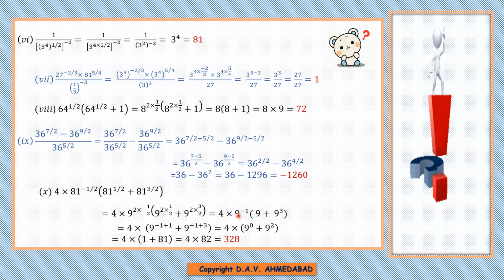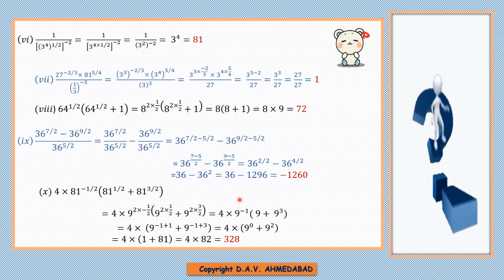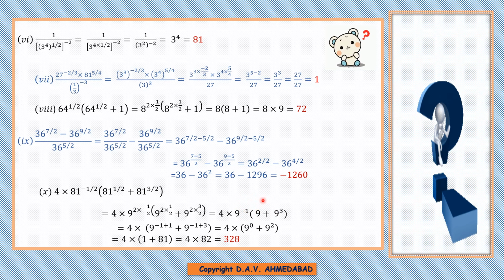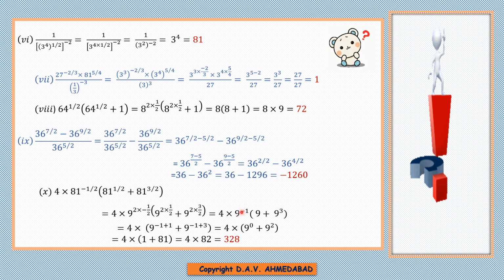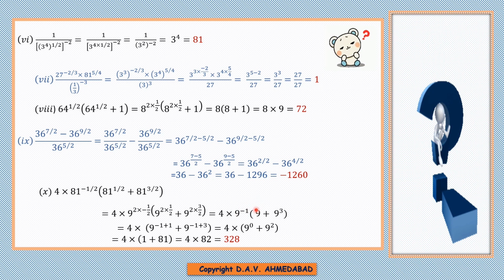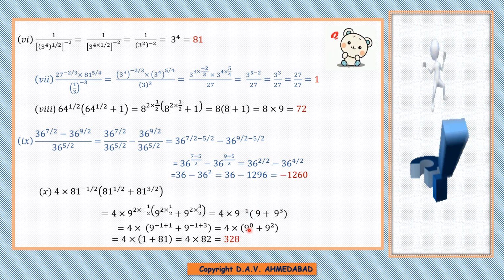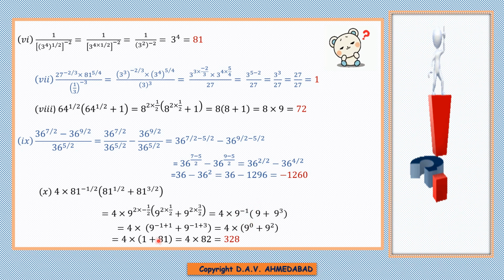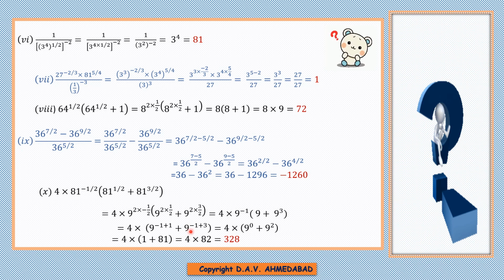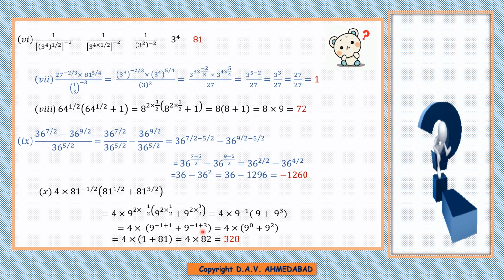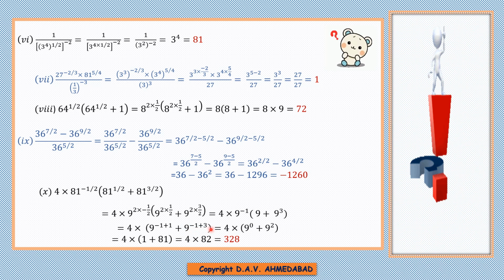So this 9 you can multiply inside. Right? So 9 raised to the power minus 1, when you multiply by 9 raised to the power plus 1, minus 1 plus 1 is 0. So 9 raised to the power 0, and this side 9 raised to the power minus 1 plus 3. So minus 1 plus 3 is 2.